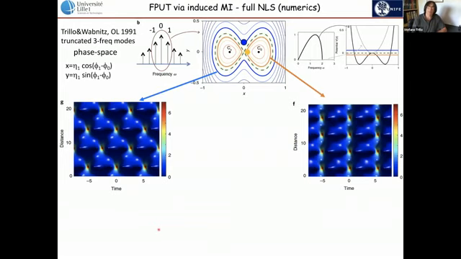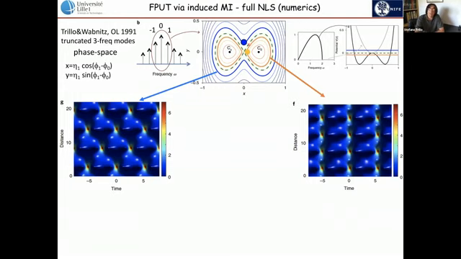Okay, back to the physics. So we want to describe this FPUT system. And so we have the ODE and the phase plane associated to that. The phase plane comes from the truncation to three frequencies: the pump, the background, and the two first order sidebands.